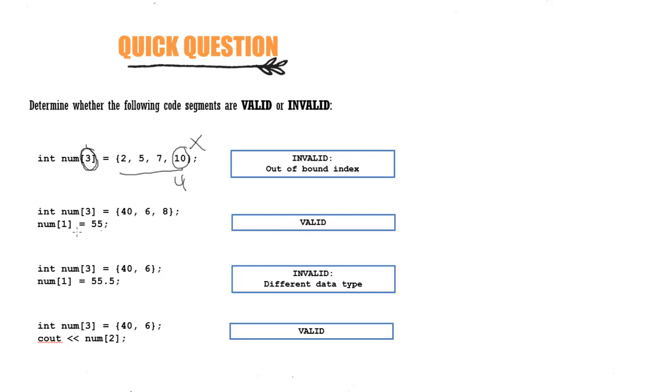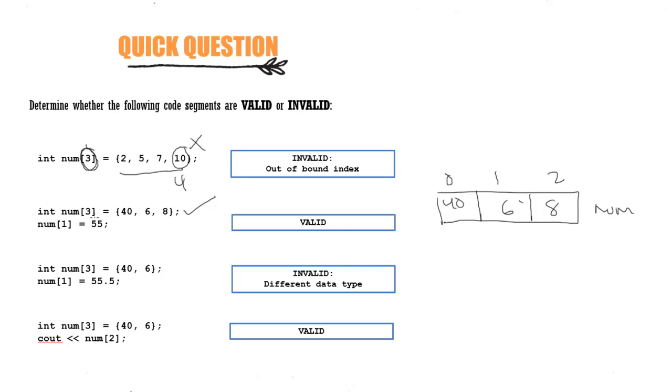Next one, int num[3] = {40, 6, 8}. This line is valid, because inside this array, called num, you have 3 allocations: you have 40, you have 6, and you have 8. With an array, the index starts with 0, then you have 1, and then you have 2.